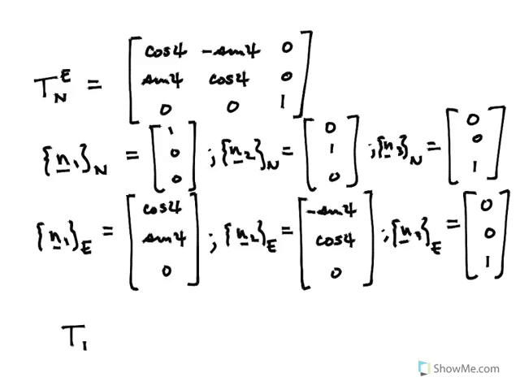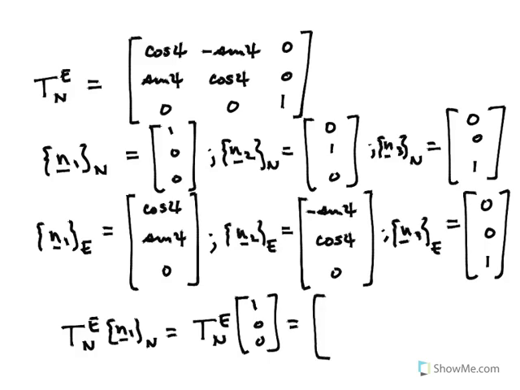You'll see Tn to e multiplied by n1 expressed in n is equal to Tn to e multiplied by 1, 0, 0, which is equal to cosine of psi, sine of psi, and 0, which is n1 expressed in e, which means that had to be the transformation from n to e because I started with a vector expressed in the basis n and I transformed to the vector expressed in the basis e.